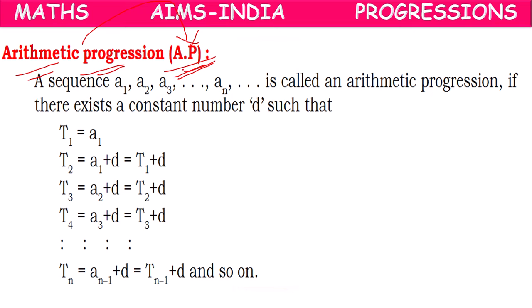So in general usage we call it as AP, but the complete abbreviation is arithmetic progression.